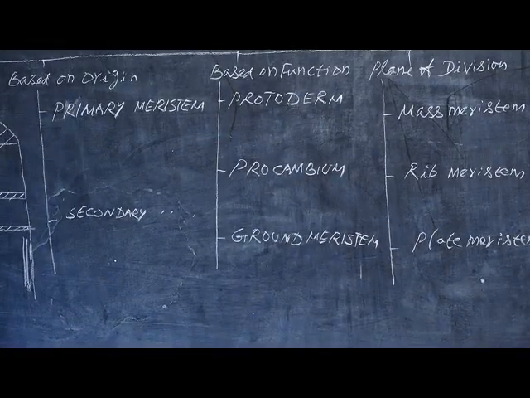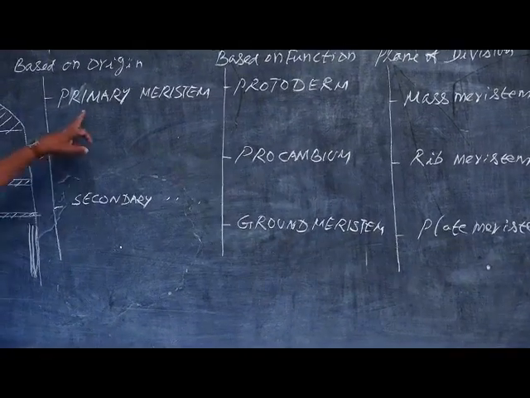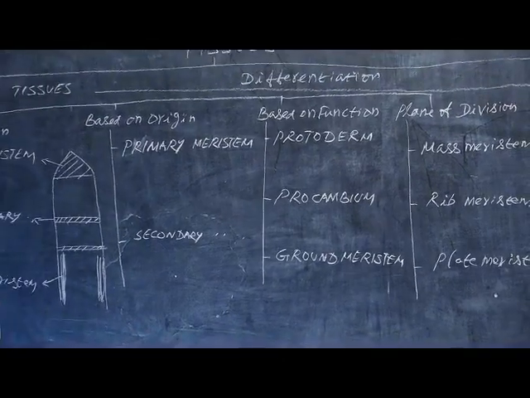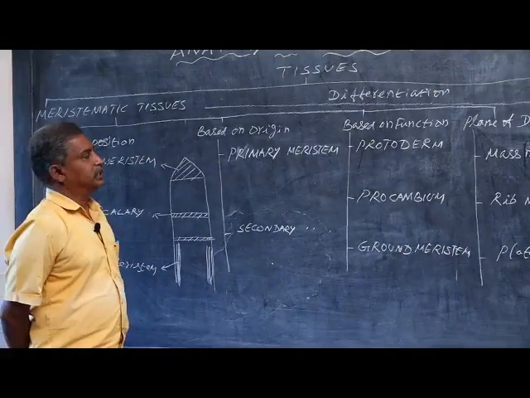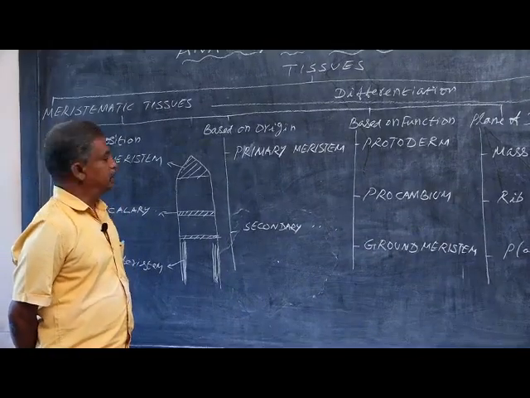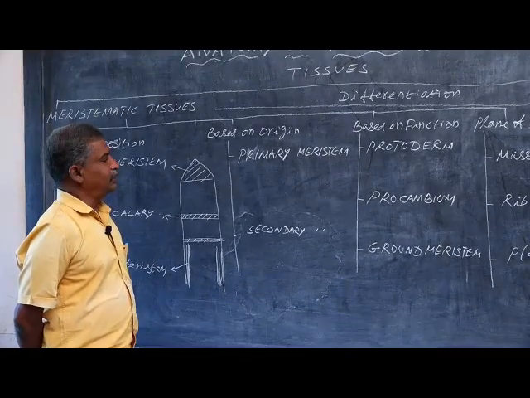Based on origin, there are two types of meristem. One is primary meristem, the other is secondary meristem. The name itself indicates that the meristem formed earlier is called primary meristem, and the meristem formed later is called secondary meristem.